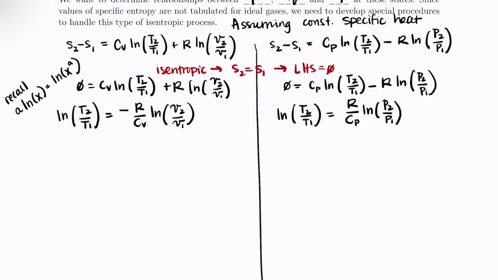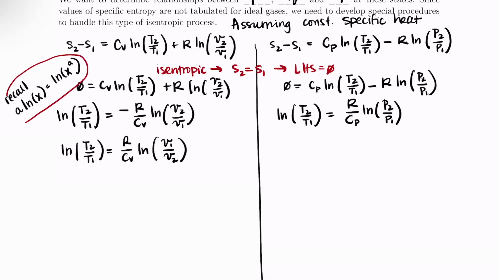So all I'm going to do is take this -1 out front and make it a power inside of the natural log. So I have natural log of V2 over V1 to the -1. That just flips the numerator and denominator around. All right, so I have natural log of T2 over T1 is equal to R over Cv, natural log of V1 over V2. And so I'm using this rule to go from here to here. Is everybody cozy with that? That's fine? Okay, great.